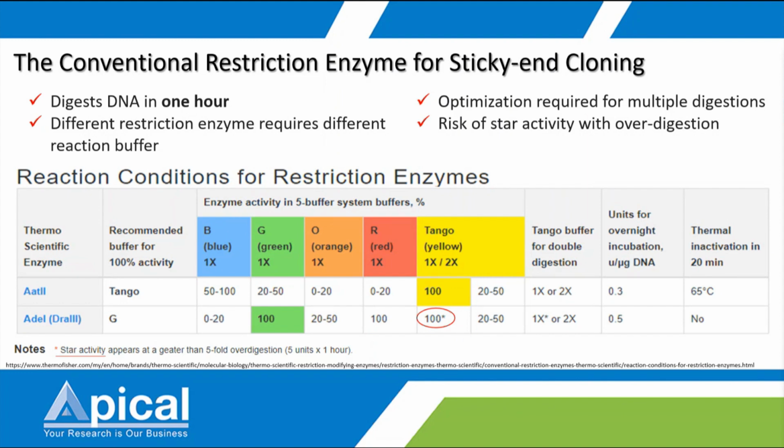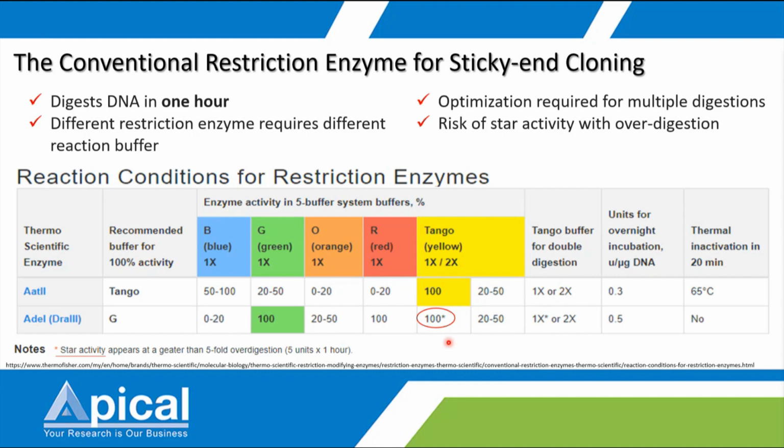So it may be possible to have star activity under this buffer condition. Okay, so if I'm going to perform a double digestion using these two RE, it means I can use Tango buffer, but with the risk of star activity.